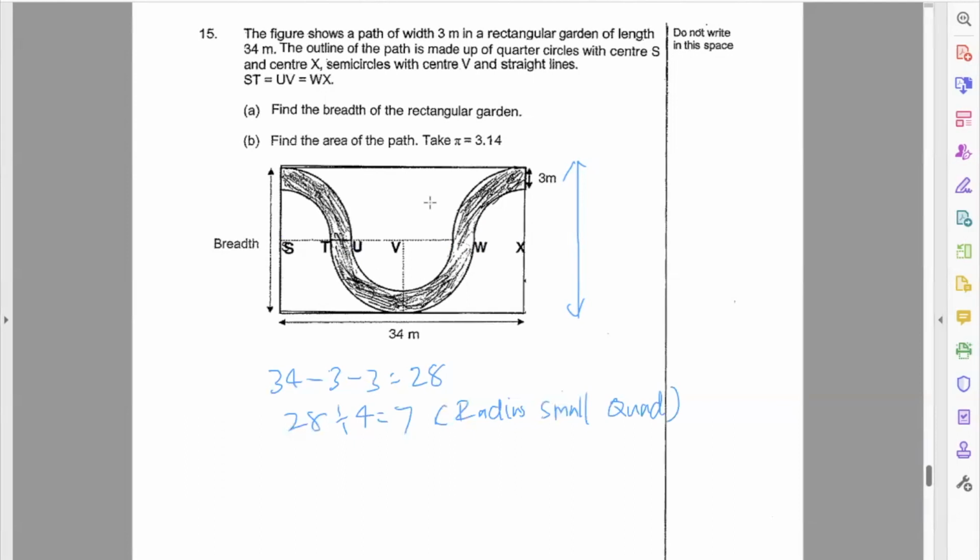So what is the radius of the big quadrant? The radius of the big quadrant will be this, and that will equal 7 plus 3. So the radius of the big quadrant is 7 plus 3, and that gives you 10. So that's the radius of the big quadrant.